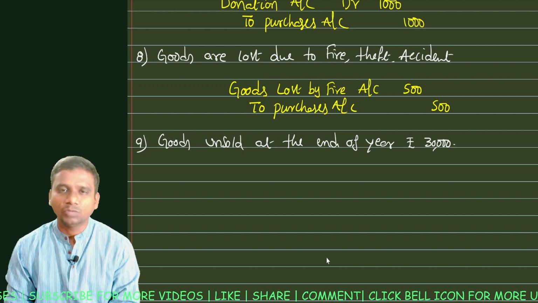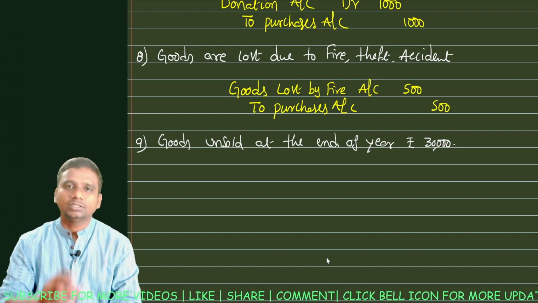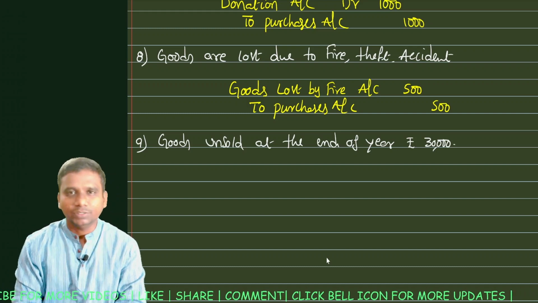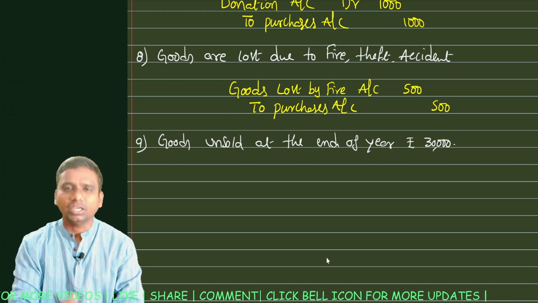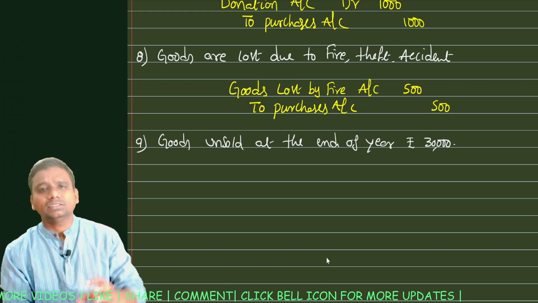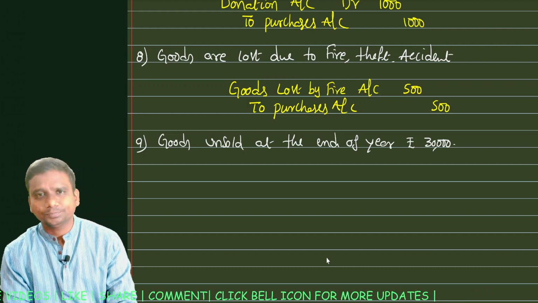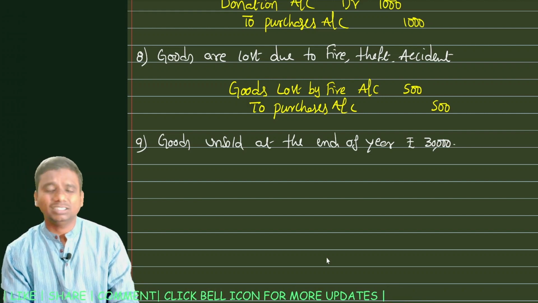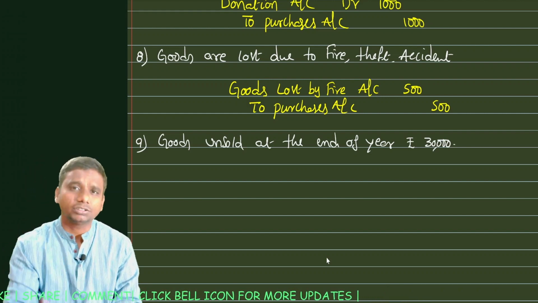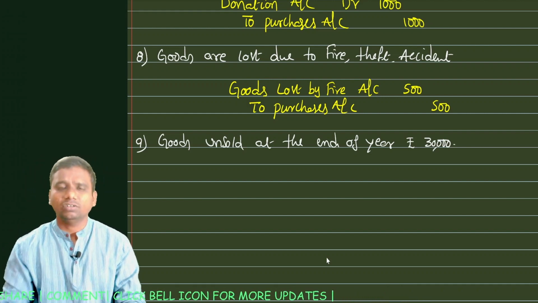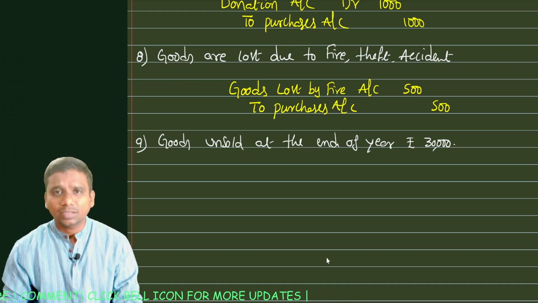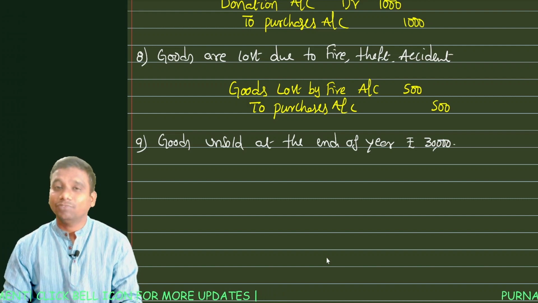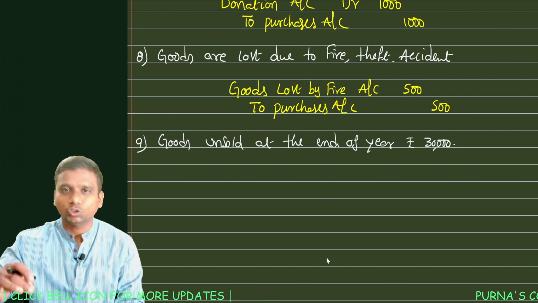We purchased goods, some of goods we sold, and some goods we distributed as free samples, donation or charity. Some goods we used in the business for maintenance, some for making assets, and some we lost due to fire or theft, and the remaining goods are lying in the business as unsold.